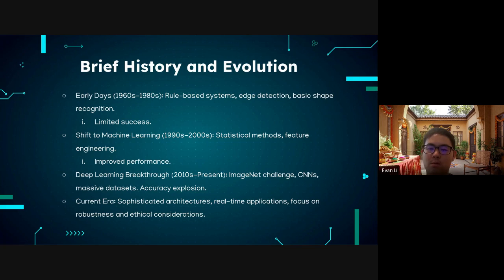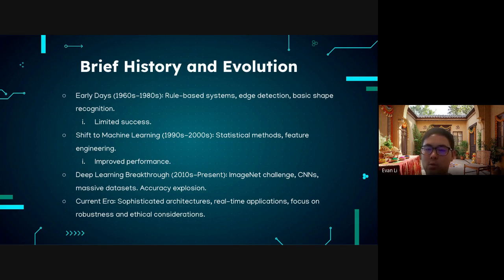Yet, it was the deep learning breakthrough in the 2010s that truly revolutionized the field. The ImageNet Large-Scale Visual Recognition Challenge, along with the development of convolutional neural networks, CNNs, and the increasing availability of massive image datasets and affordable computing power, especially GPUs, acted as a catalyst.